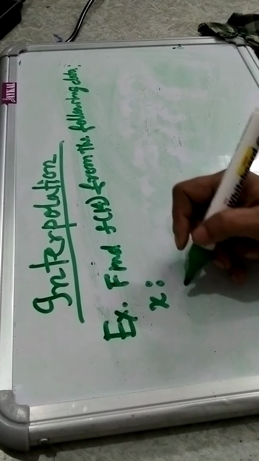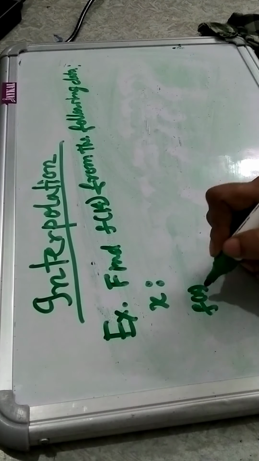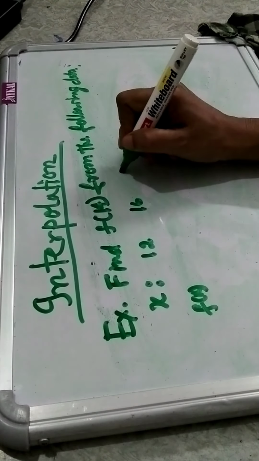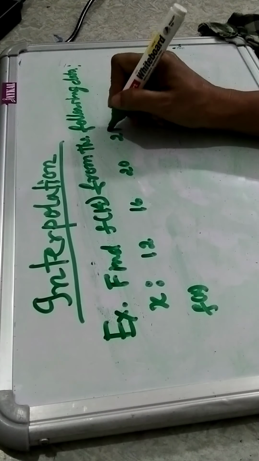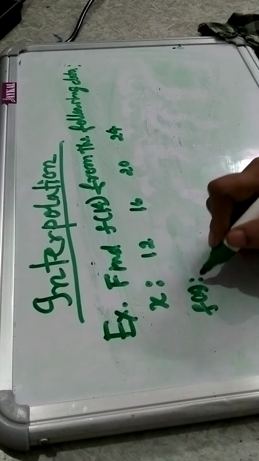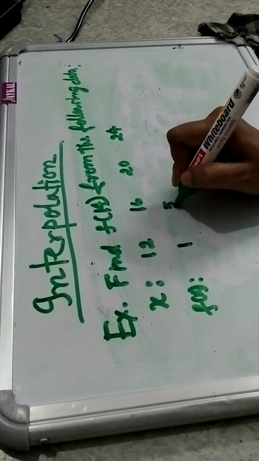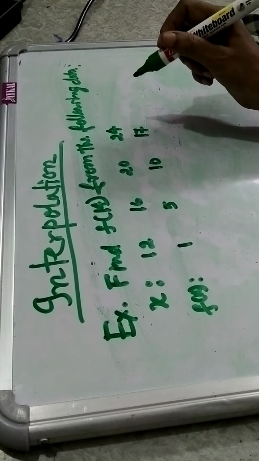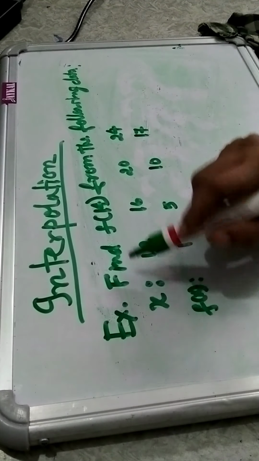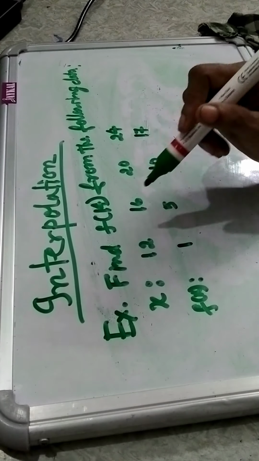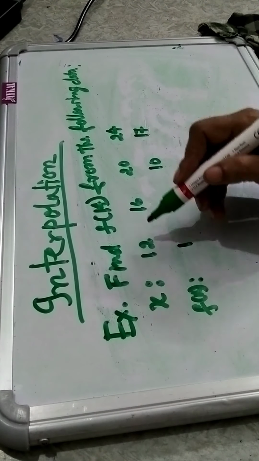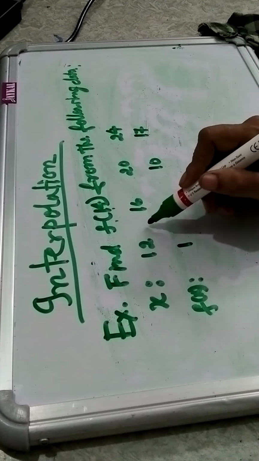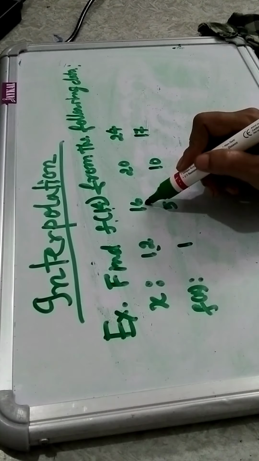The values of x are 12, 16, 20, 24, and the values of f(x) are 1, 5, 10, 17. Here we must calculate f(14). 14 is the middle value of 12 and 16.